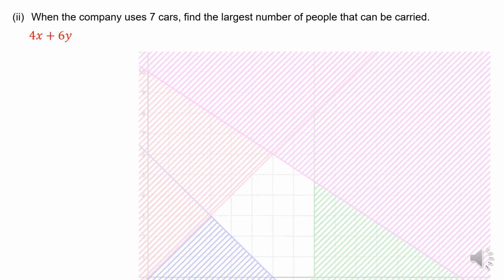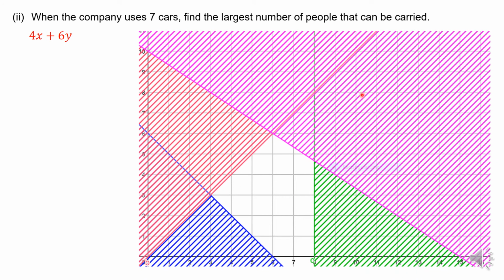Now if I bring my diagram, my completed one, you'll be labeling it here. The y-axis is the large cars and the x-axis is the small cars. So we are saying the company uses 7 cars. So that means it's large cars as well as small cars. Now I want you to look at the combination because we have to find the largest number of people that can be carried.